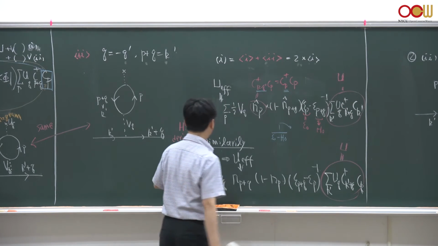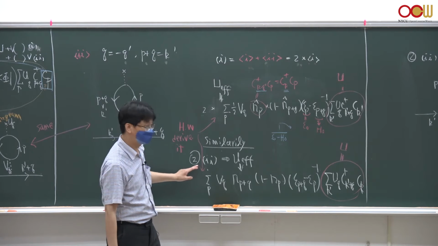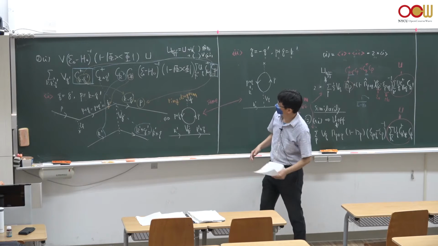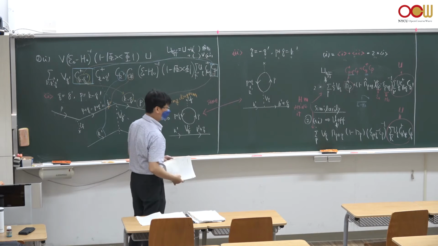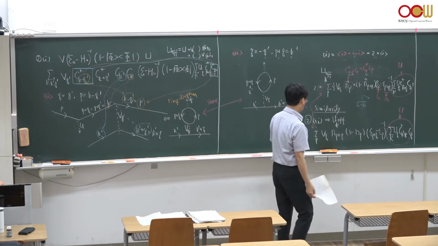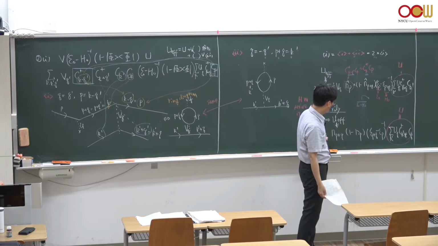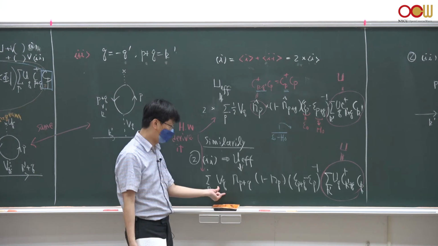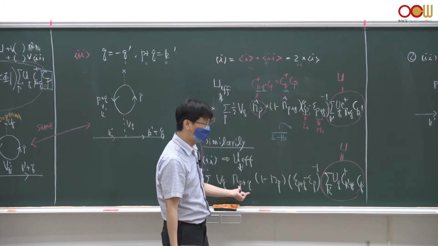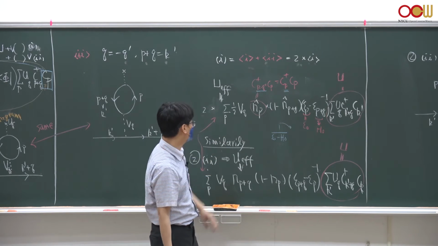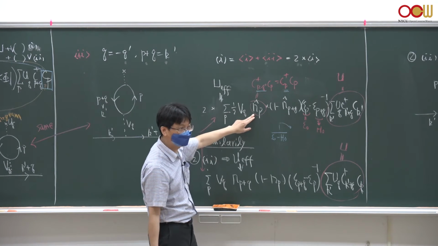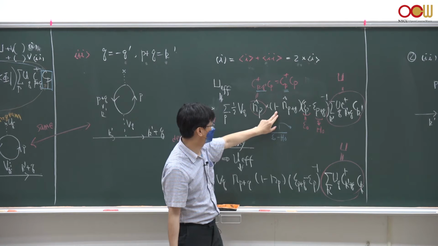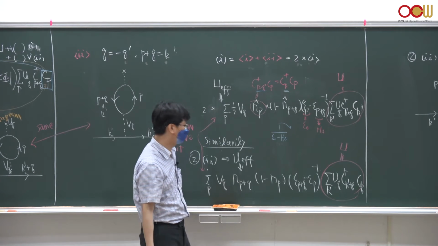And similarly, we can consider the second term of the second order contribution, where again the order of v and u got switched, but we could reorder all these operators in such a way that we still put this u on the right and v to the left. But then the intermediate factors differ slightly from this first term, in the sense that in the first term we got n p, but here we got n p plus q, and another factor, 1 minus n p plus q, in the first case now becomes 1 minus n p.